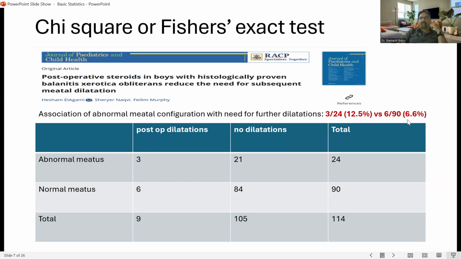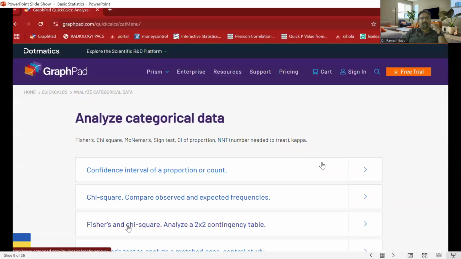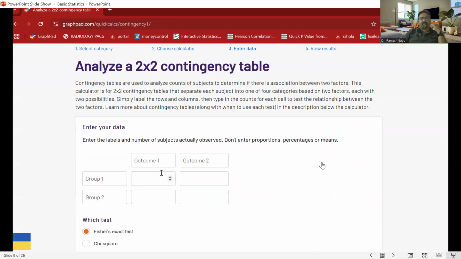So we are comparing 2 percentages here. This is 3 and 21, and this is 6 and 84. That is what we have to enter, not the actual total. We again go into the calculator, go to the Fisher's chi-square column, and then enter the values: 3 and 21, and 6 and 84.